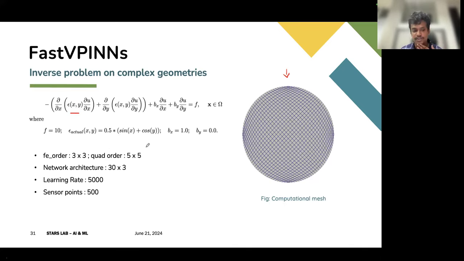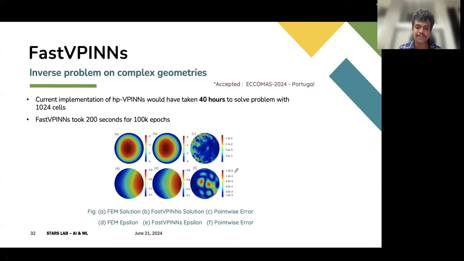Again, a simple neural network architecture. I think the learning rate is wrong here. It is supposed to be 5 into 10 power minus 3. We use 500 sensor points, and we were able to achieve an error of 1e-2 for both your FEM solution and the predicted epsilon value. Again, on an A6000 GPU for 100K epochs, it took around 200 seconds to solve.